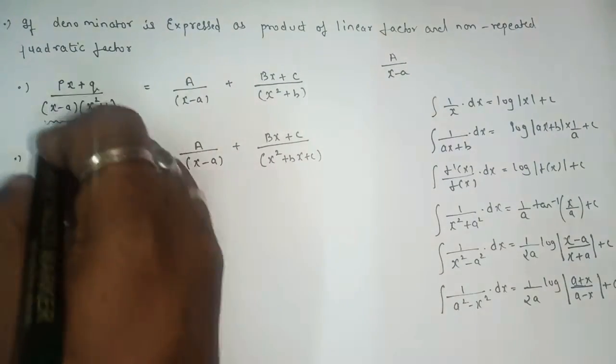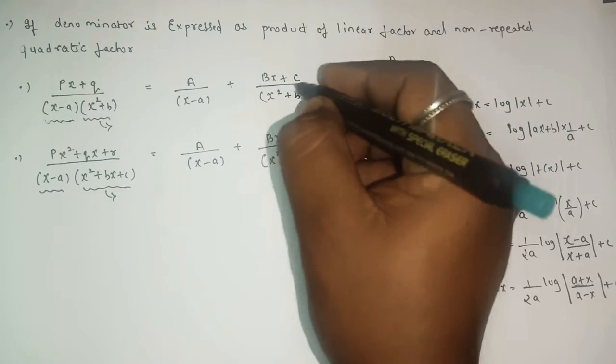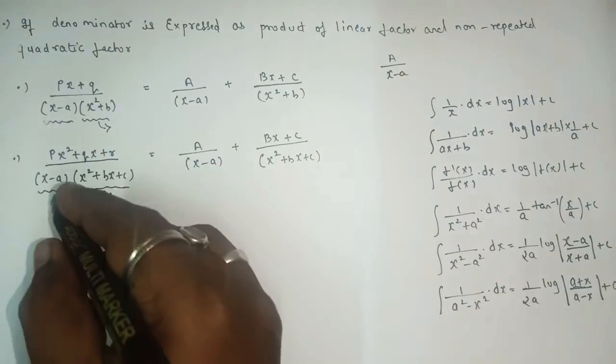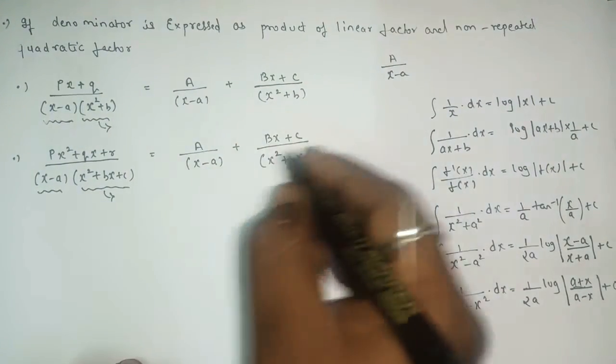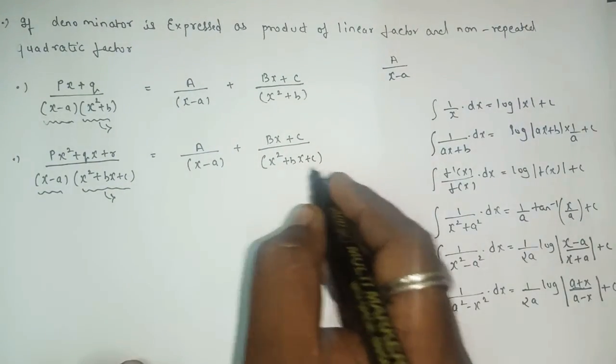So this expression can be written as A upon x minus a plus Bx plus C upon x square plus bx plus c. Wherever you see a quadratic, you write Bx plus C over it.